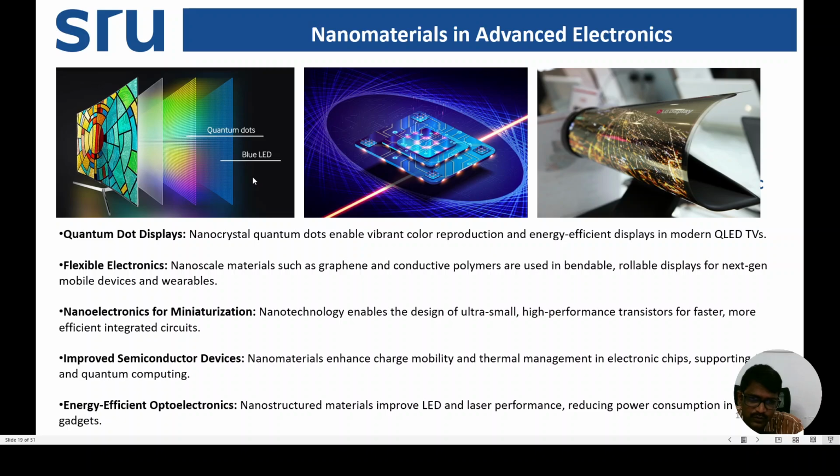Whenever you go to an electronics shop, you will immediately see the display technologies right now. You can observe quantum dot LEDs, the most advanced display technology right now. Flexible electronics: we are witnessing foldable phones, the Samsung Fold.